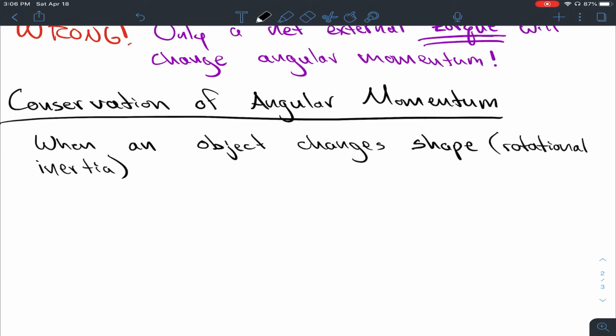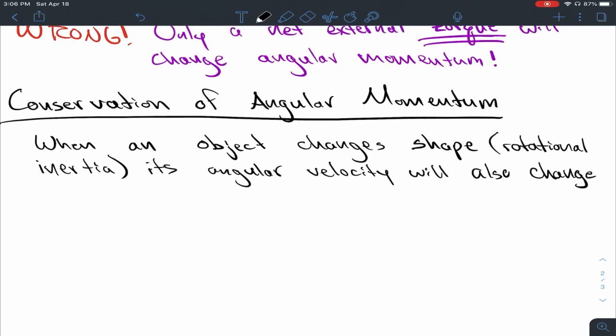So when an object changes shape, its angular velocity will also change, as long as there is no external torque.